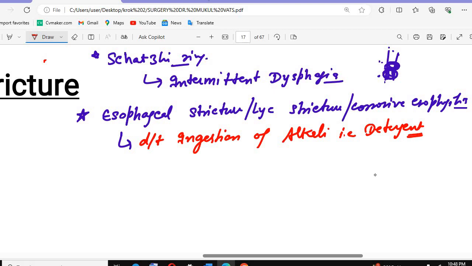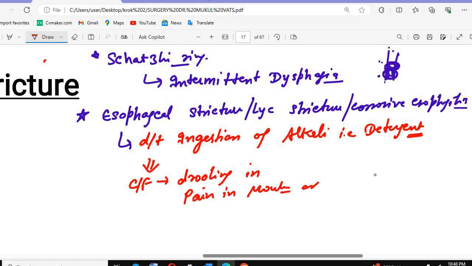These patients will have clinical features like drooling, and pain in the mouth or in the chest.